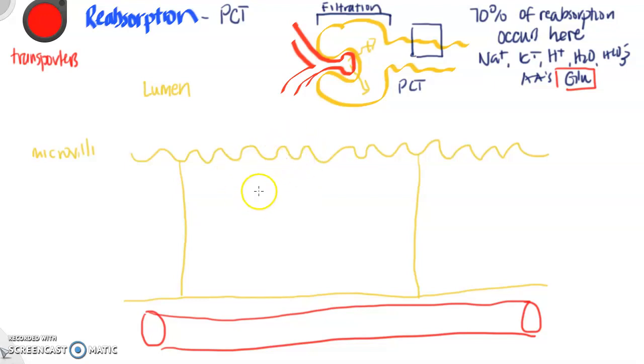So if you remember, sodium, because it's everywhere and it's coming into the cell, is an easy solute to use to move things. Okay, so with glucose, glucose is filtered out. How much glucose needs to go back into the body? How much should be in the urine? Well, 0.